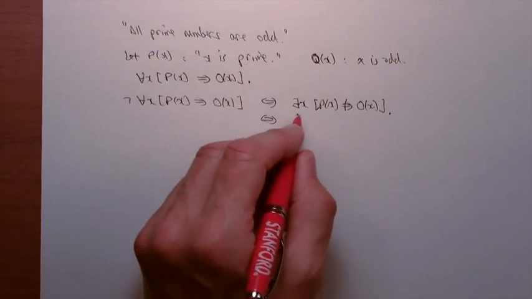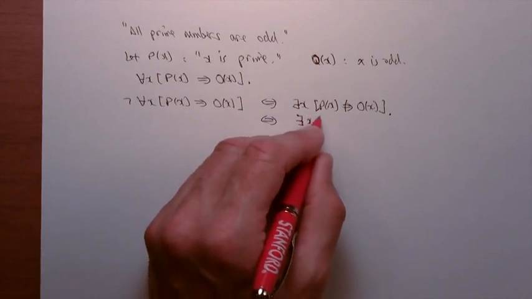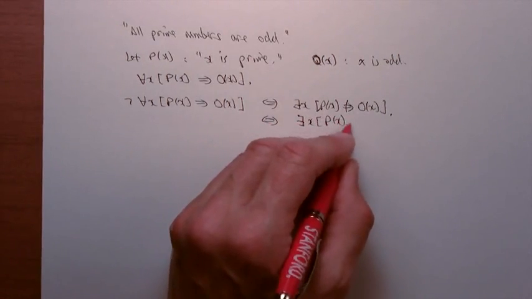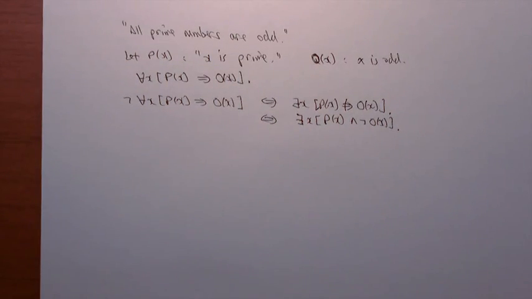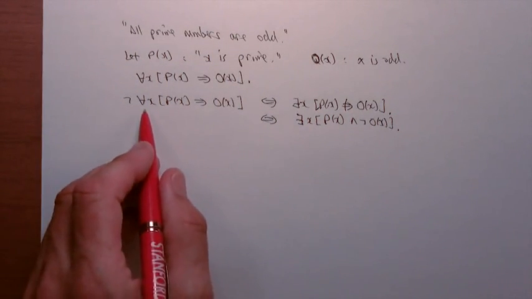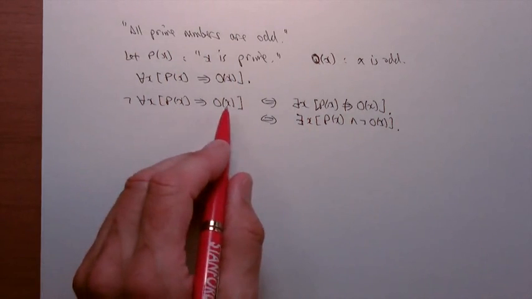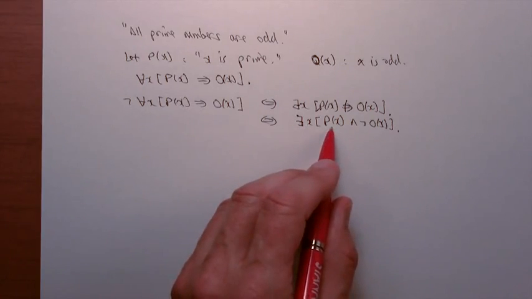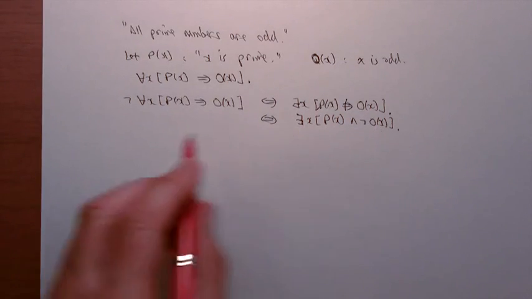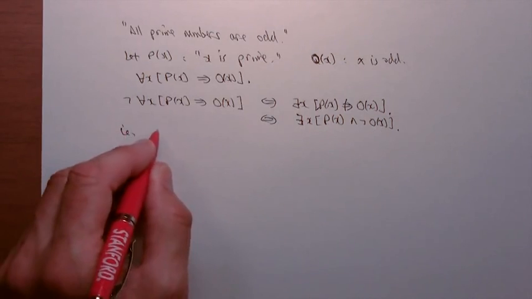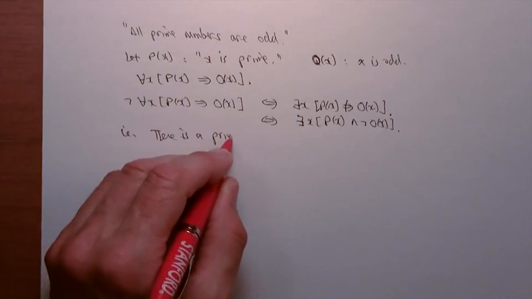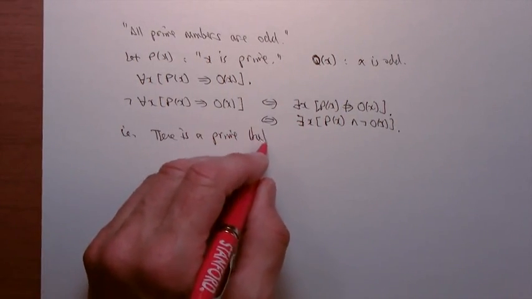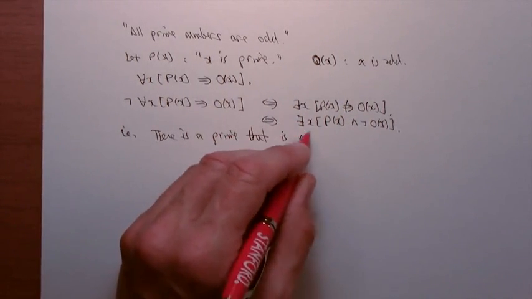Or another way of writing it, there is an x such that P of x and not O of x. The negation of for all x, P of x implies O of x is there exists an x such that P of x and not O of x. In words, there is a prime that is not odd.